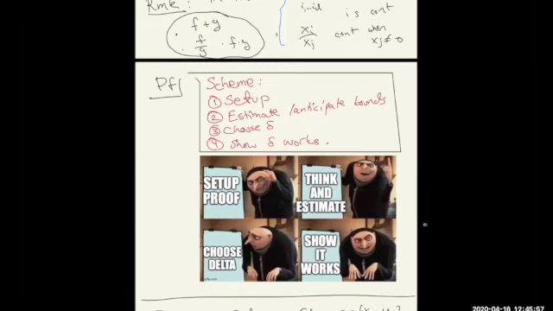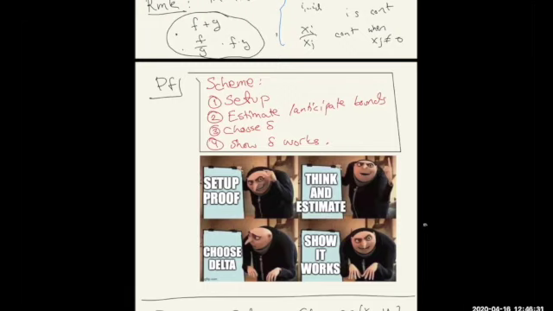Now there's a cycle that often emerges: you make your estimates, you choose your delta, and you go to step 4. But sometimes you notice that it doesn't quite work out. You correct your estimates, you choose another delta, and you go back. And you may need to do this cycle a few times, depending on your experience and how complicated the problem is.